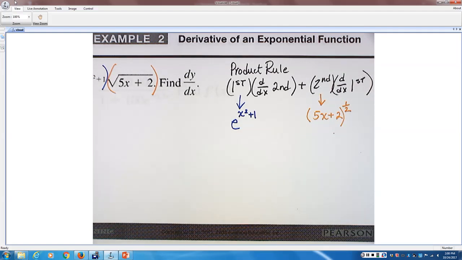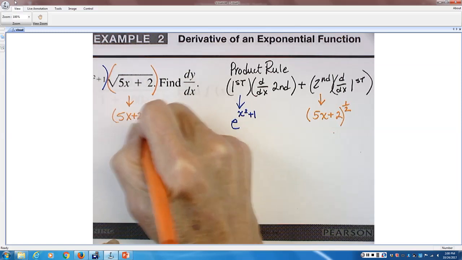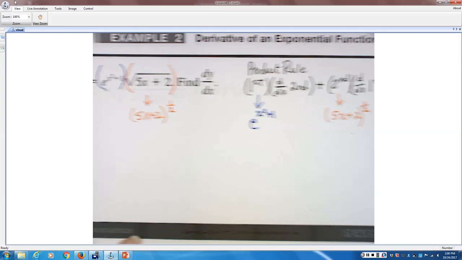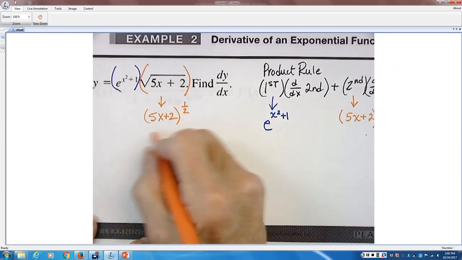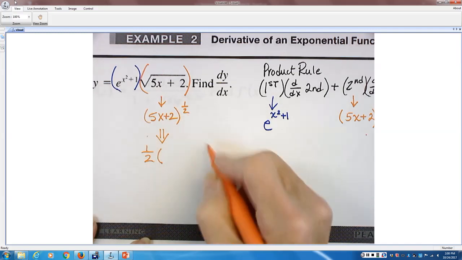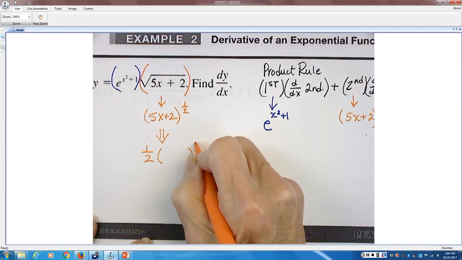Now that we have those two, we need their derivatives. So the derivative of 5x plus 2 to the 1/2 power says that you bring your 1/2 power down in front. You drop the power by 1, so it becomes negative 1/2.